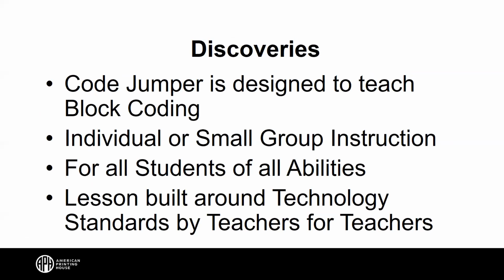We've also figured out that it's good for individual instruction or group instruction or some combination of both. It's for students of all different abilities, and the lessons are built around technology standards by teachers for teachers. So we're not just picking random things. We're not just picking things just because they're fun. There's a purpose to all of these things.